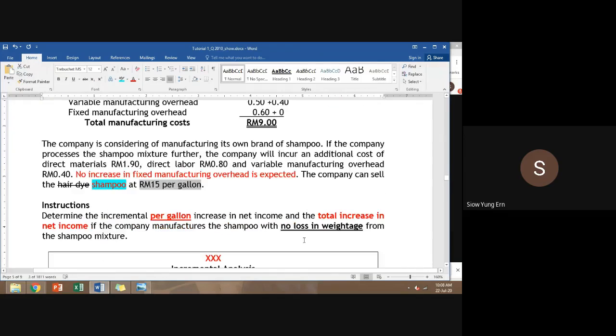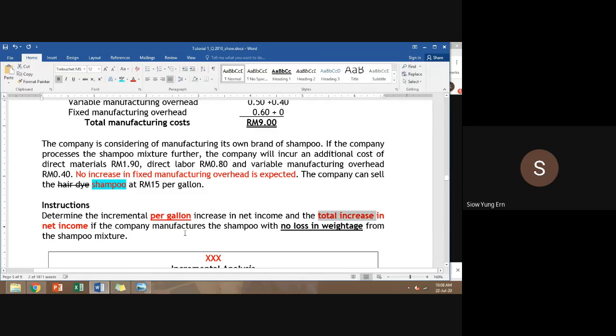So let's look at what the question wants. So determine the incremental per gallon increase. So later we will do per gallon in net income and then total increase in net income. So after we get per gallon, we just times it, okay, to get total increase in net income.